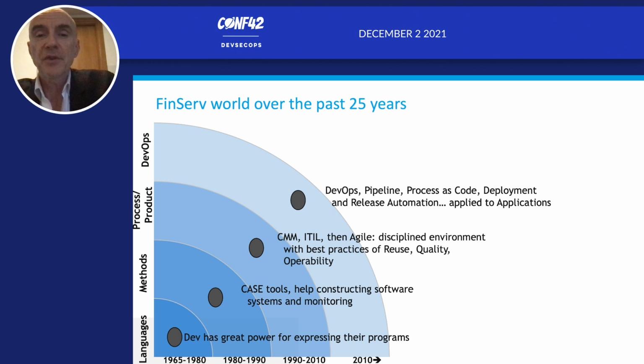Then came CMM, ITIL and Agile, and now we are talking about DevOps, pipelines and automation applied to the application.